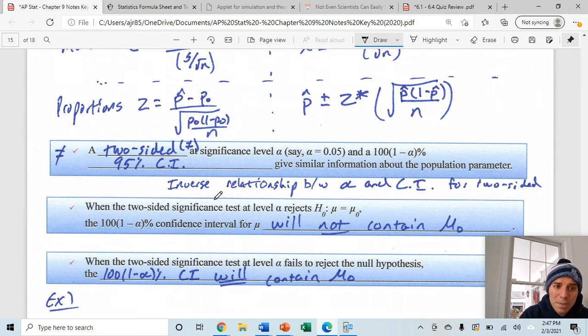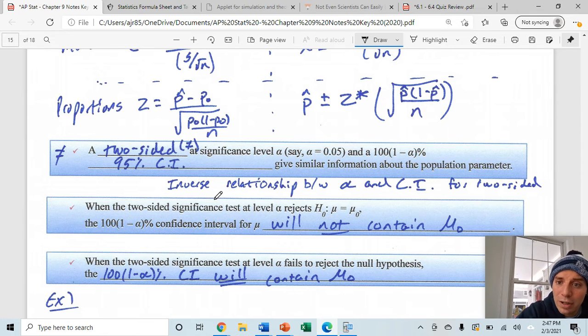The relationship here between your confidence interval and your significance level is one of like an inverse relationship, okay? And this works for two-sided tests only. So for a two-sided test, okay, if we're talking about the 0.05 significance level, that's related to the 95% confidence interval. And they give us similar information about the population parameter.